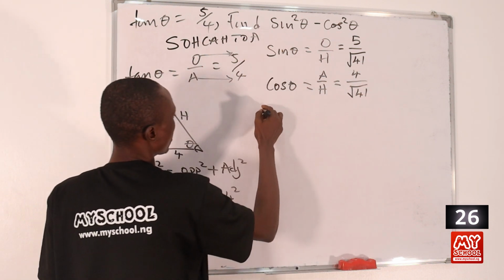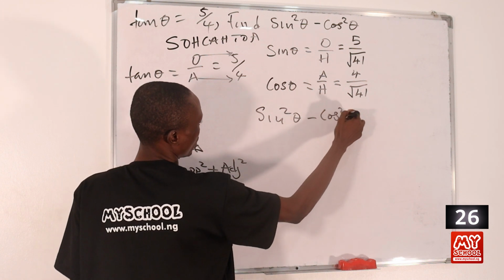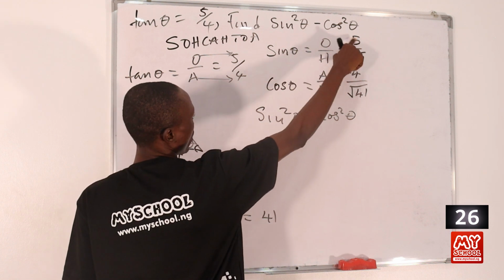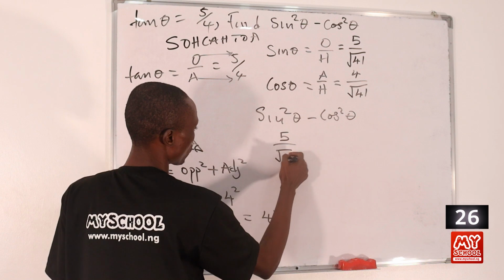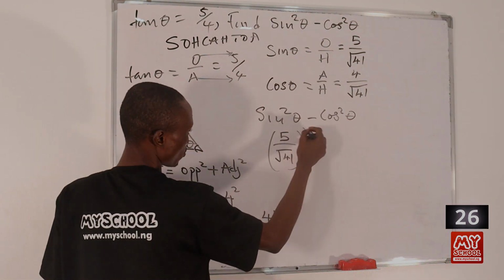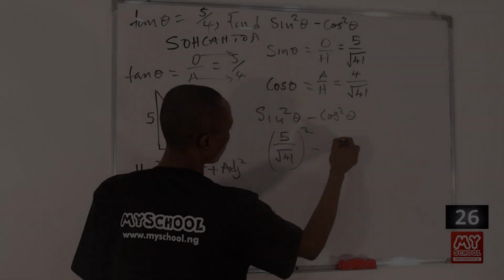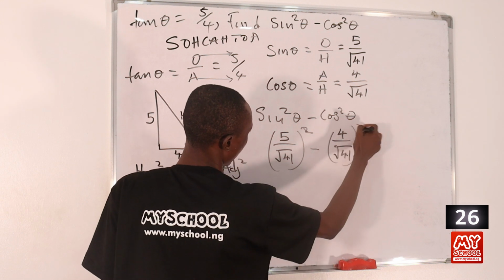So we can now find our sine squared theta minus cos squared theta. We just fill in the values. Now remember that our sine theta is equal to 5 over root 41. So here we'll be having 5 over root 41 squared, because our sine here is squared, sine squared theta. Then here we'll be having 4 over root 41 all squared also.